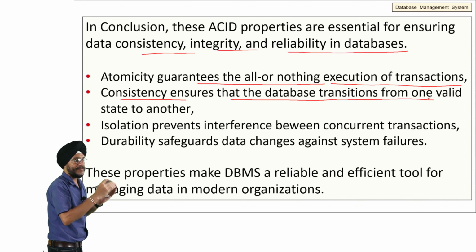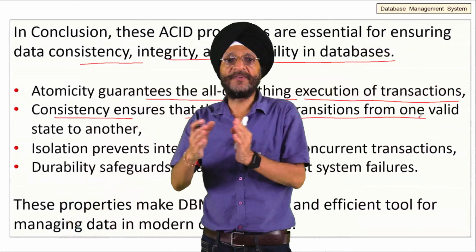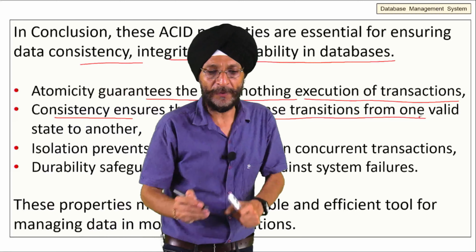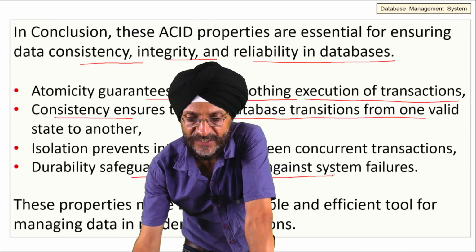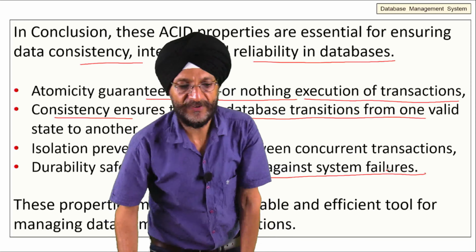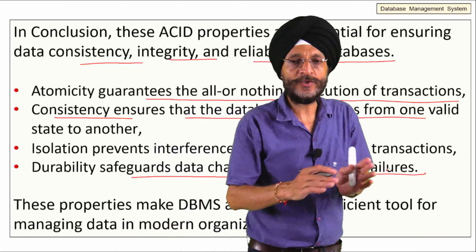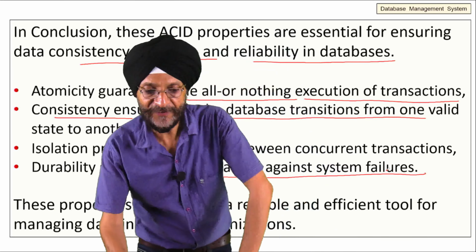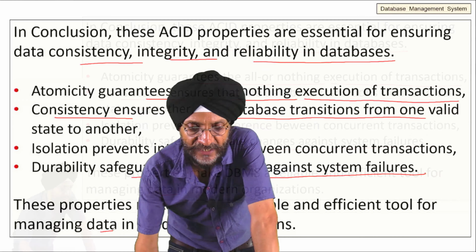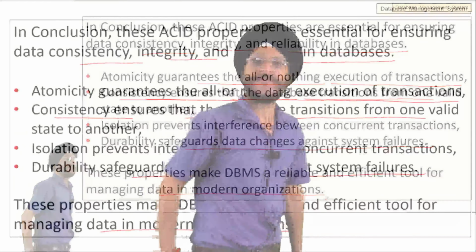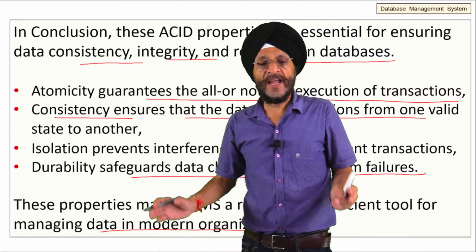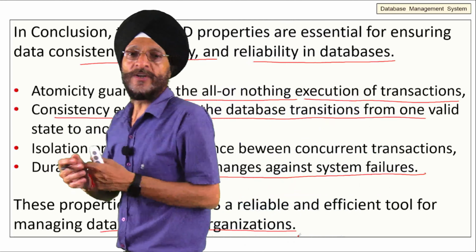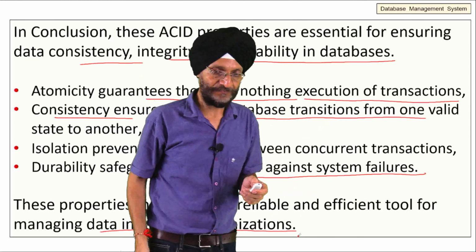Isolation prevents interference between concurrent or simultaneous transactions, and the durability property safeguards data changes against system failure. These properties collectively make DBMS a reliable and efficient tool for managing data in modern organizations, where the organizations have to deal with structured data, semi-structured data, object-oriented data, graph data, etc.